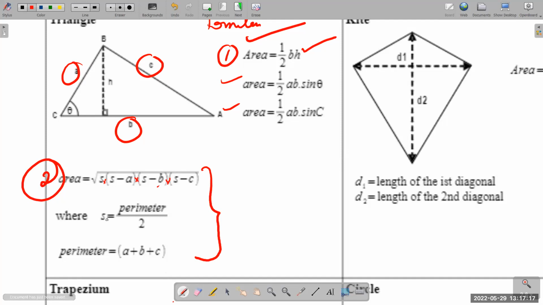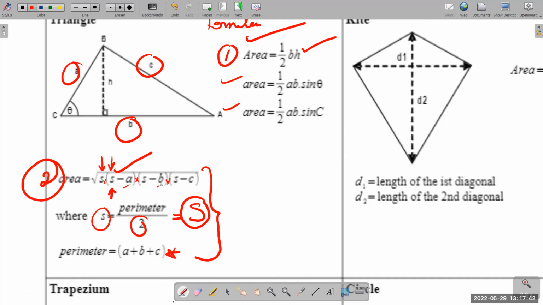So here they explain to you how to find S. You can't use this yet because you need S. So you have to find S first. How do you find S? Perimeter. What does perimeter mean? Add up all the sides. So when you add up all the sides, you divide by 2 and the answer is S. Once you find S, what do you do? You substitute it into the formula.